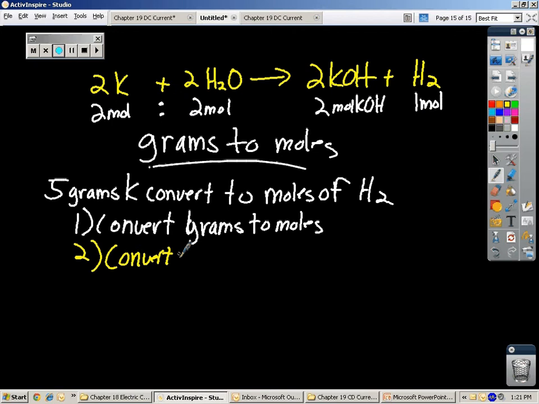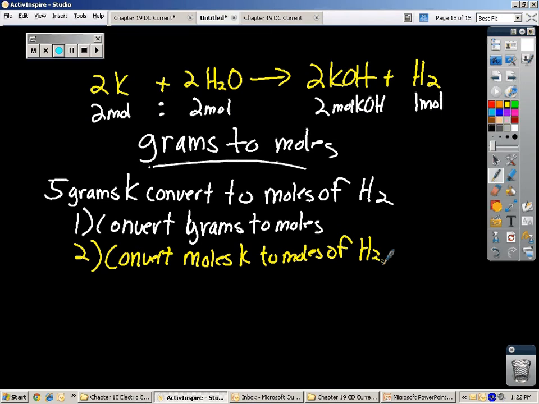Once you convert grams of potassium to moles of potassium, the second step is to convert moles of potassium to moles of hydrogen. Now, you convert grams to moles, and then you convert moles of potassium to moles of hydrogen. Those are going to be the 2 steps that you're going to do in this process.